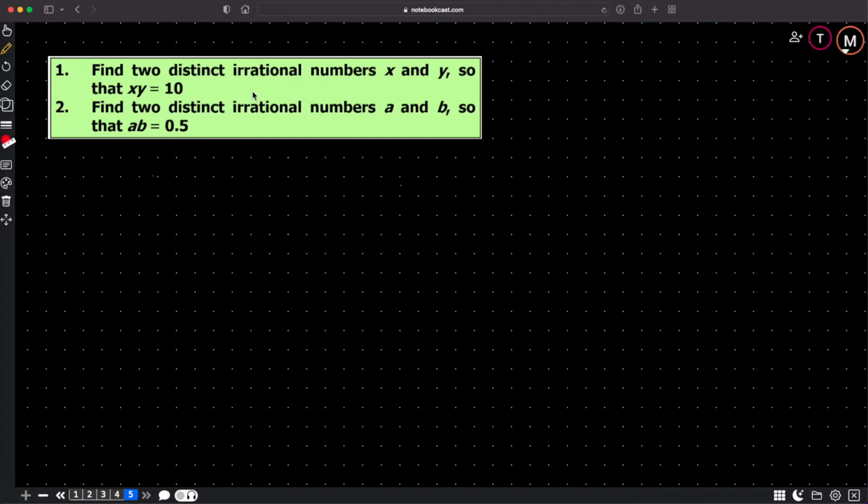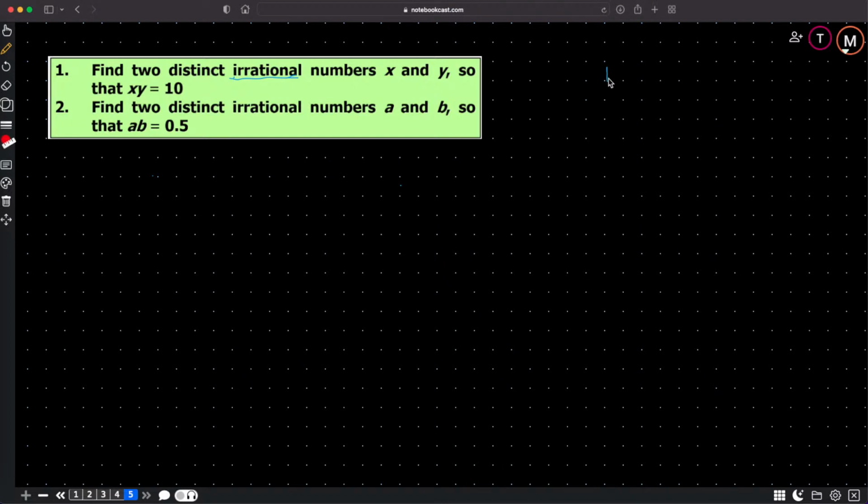Okay. Firstly, what are irrational numbers? Can anyone tell me an example of an irrational number? Well, I won't really wait for any answers, but an irrational number is generally defined as a number that cannot be written as a fraction.